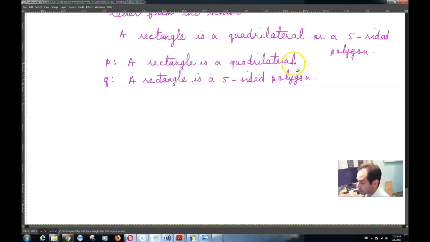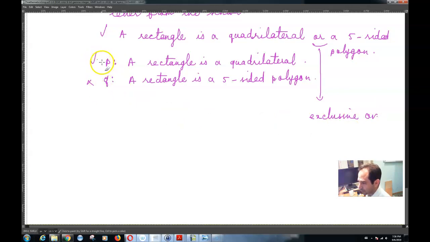Now, a rectangle is a quadrilateral is true. A rectangle is a five-sided polygon is false. Since one of them is true, this is true, and this OR is an exclusive OR, because only one of these is true.